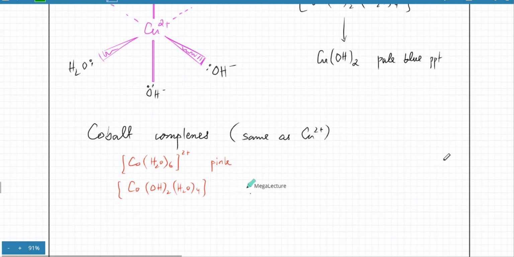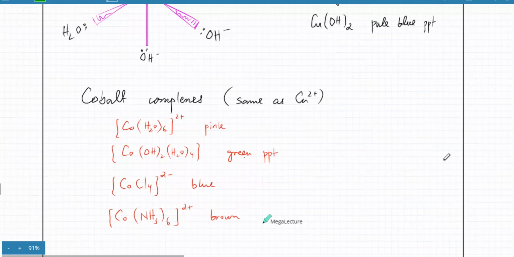Overall charge is neutral. This is a green precipitate. Then you have cobalt with four Cls. This is blue in color. And then you have cobalt with NH3, and this is brown in color. So the last one is brown in color. These complexes need to be memorized as well.